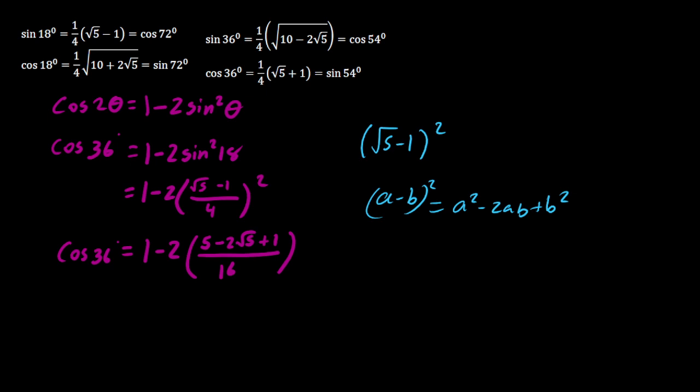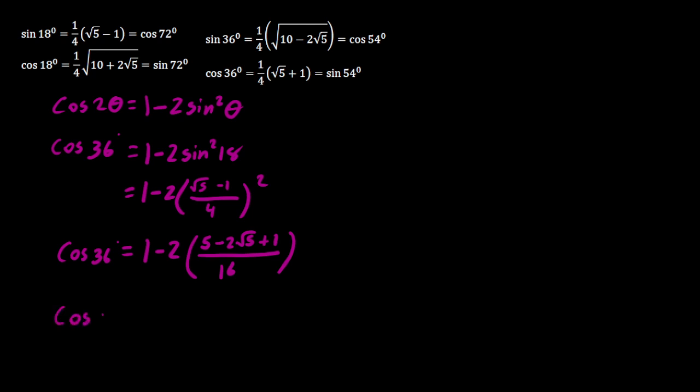So for those of you wondering, that's what I've done. So we can simplify this into cos 36 equals 1 minus 2 times 6 minus 2 root 5 divided by 16.